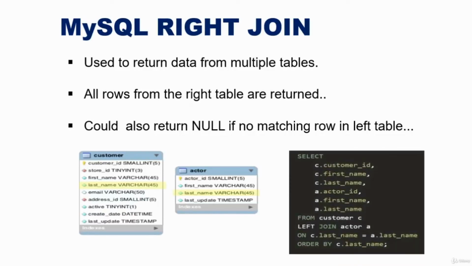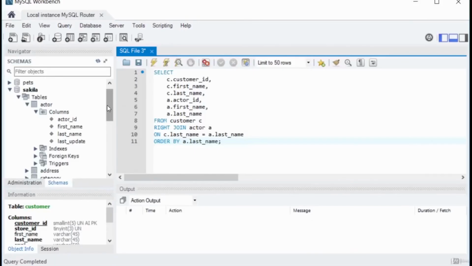So we have a select statement where we select the fields from the respective tables, and then we have the from field where we get the data from the customer table, and then we do a left join on the actor table, which is the right table. What we're joining here is the last name from the customer table and the last name from the actor table, and we're going to order the data by the last name.